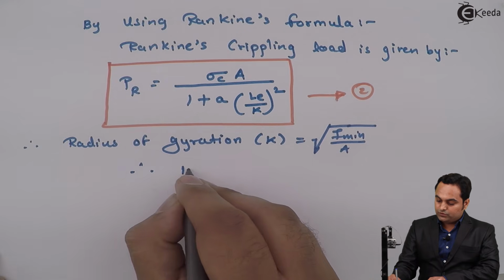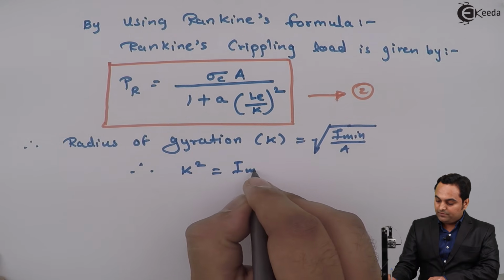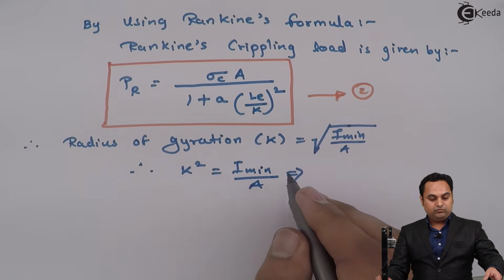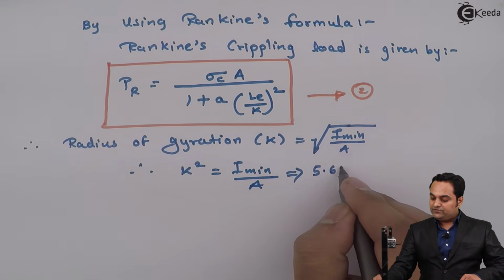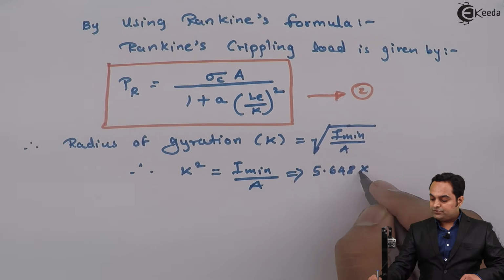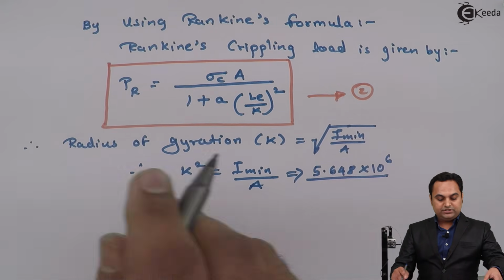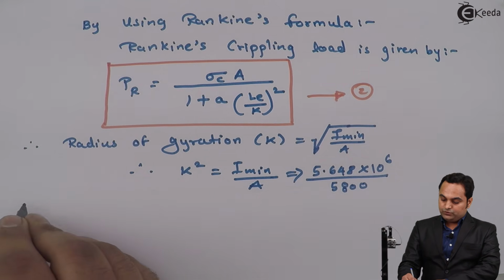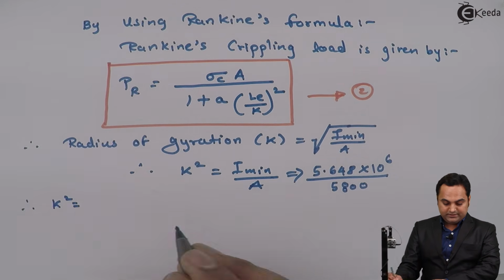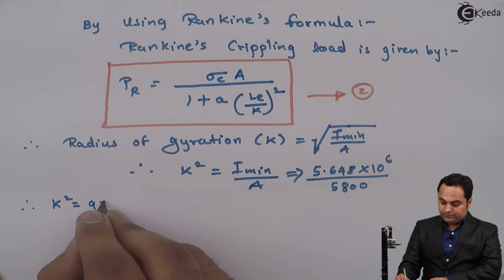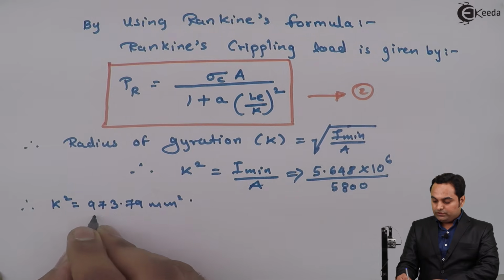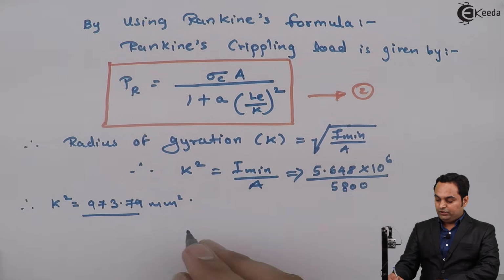So therefore K square will be I minimum upon cross section area. Now I minimum we have found out, 5.648 into 10 raised to 6 upon the cross section area, which is 5800. So here I get K square value as 937.79 mm square.